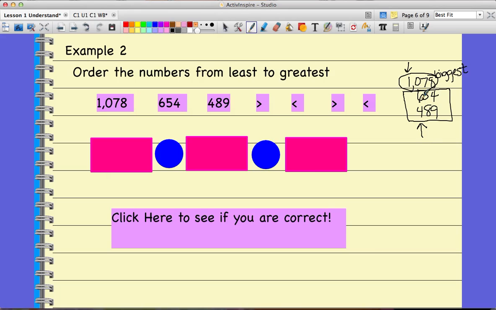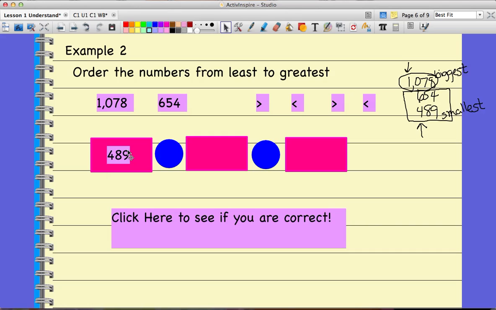Because the 4 is smaller than the 6, I know this one has to be the smallest. It doesn't have a number in the thousands place, so it automatically is smaller than this number. And because it has less in the hundreds place than this number, we know that it has to be the smallest. So we're going least to greatest, so I take the 489 and write that one down first.